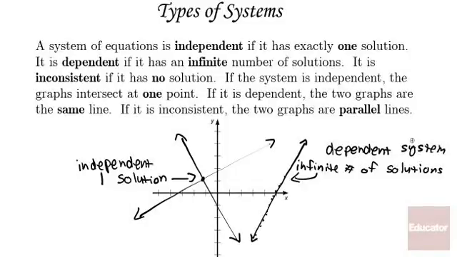The third possibility is that there are no solutions, and we call this an inconsistent system. So thinking about a situation where there would not be any solution, where there's no point of intersection, would be a set of parallel lines.